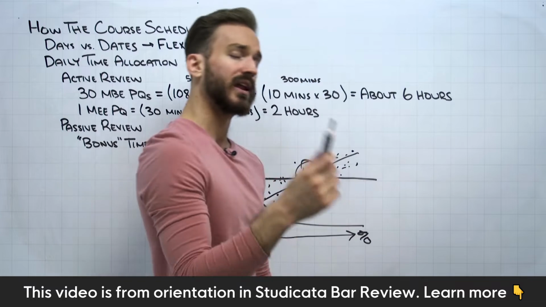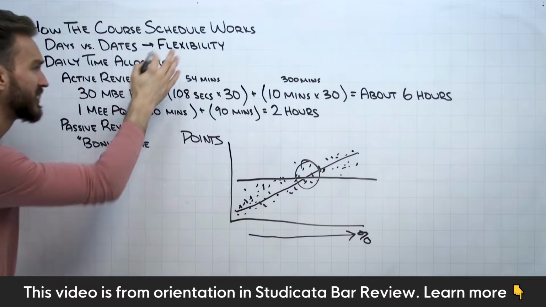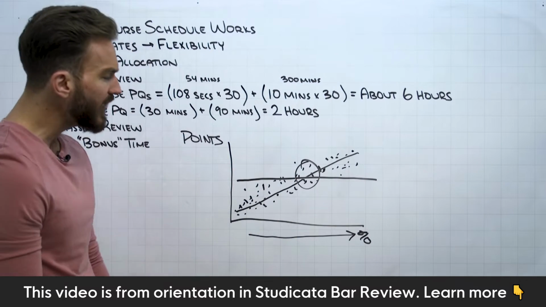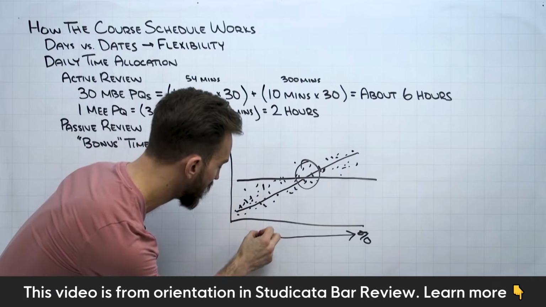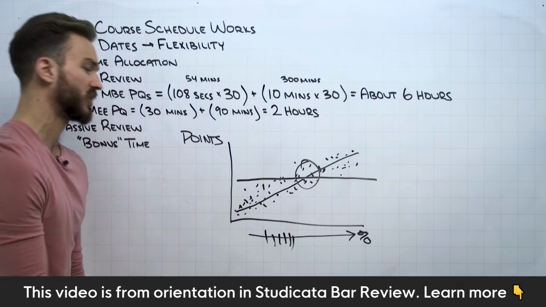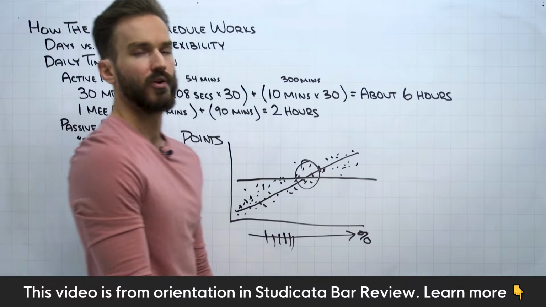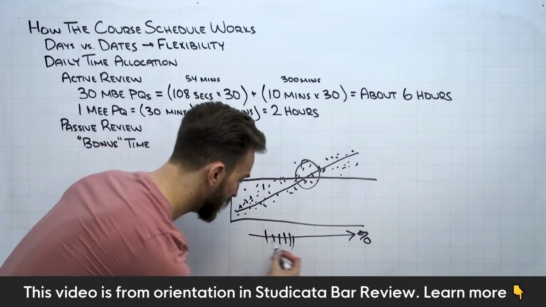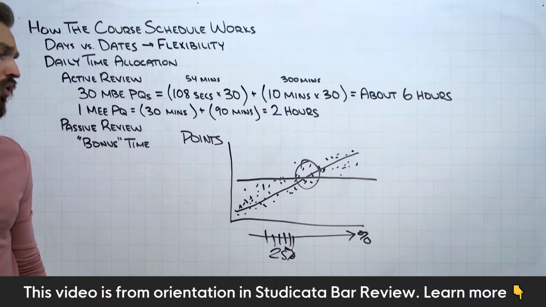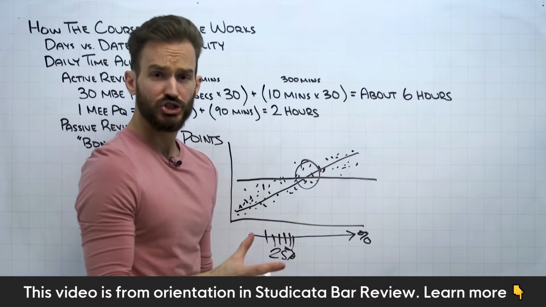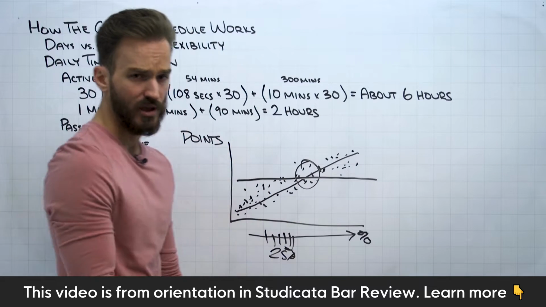Now, the reason it's especially important to keep course schedules simple is that a lot of the time, students are over here on the percentage completed. They enter the bar exam and they've only completed, say, 25% of their bar review course. It's not because the student is lazy. That's typically not what's happening.